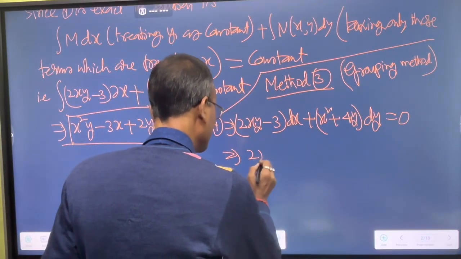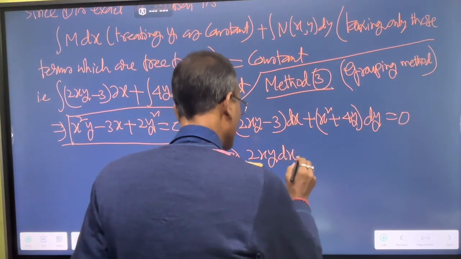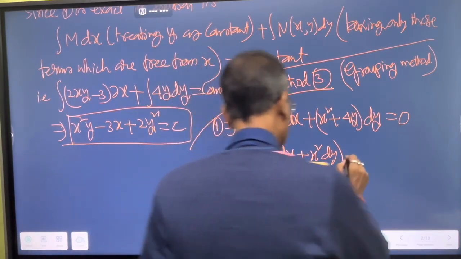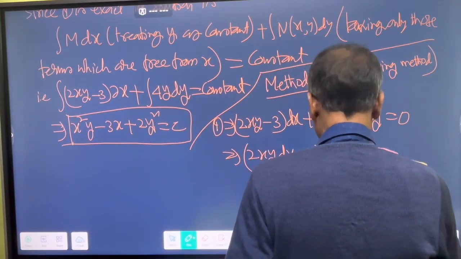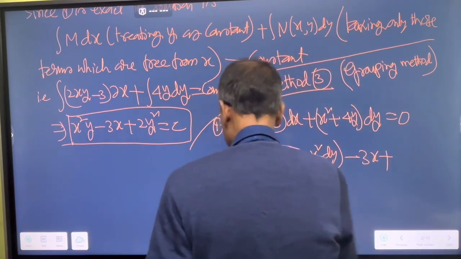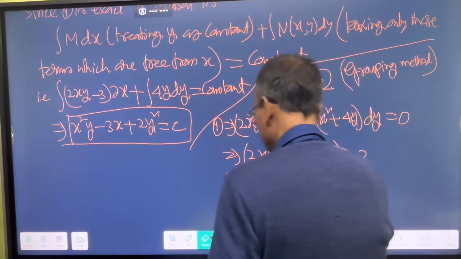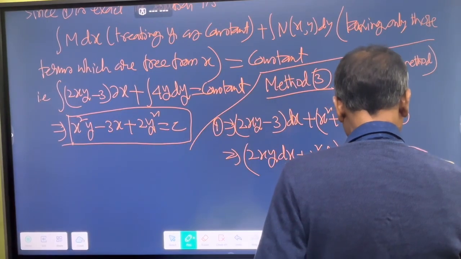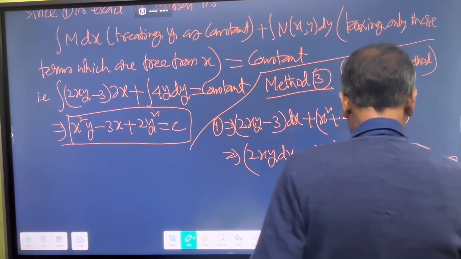Or group this like that: (2xy plus x square dy) minus (3x plus 3 dx) plus 4y dy, equal to 0.